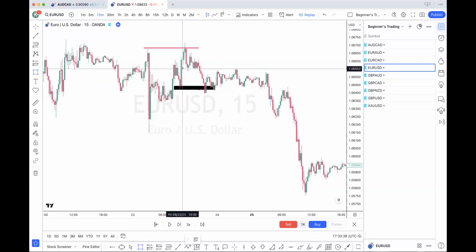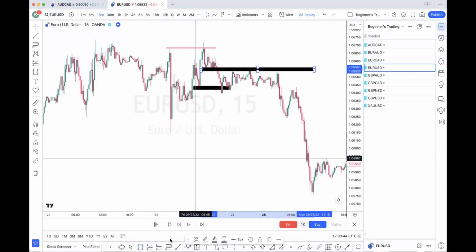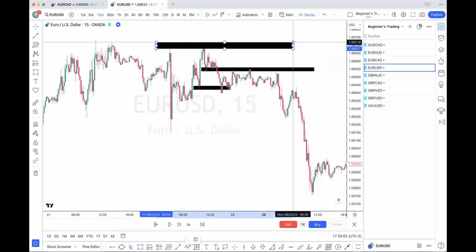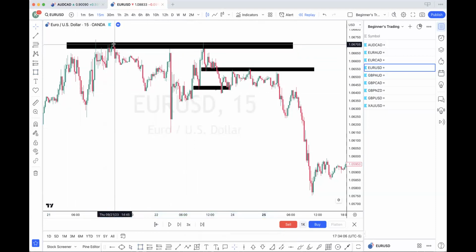So I would say a zone here, and I would even mark up this zone here. Hold on, look at my cursor. Because this is the high. And as you can see, if you just bring it over, it's the level of resistance.